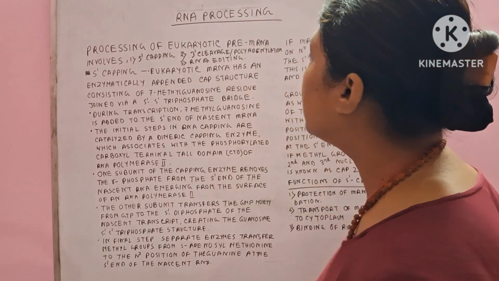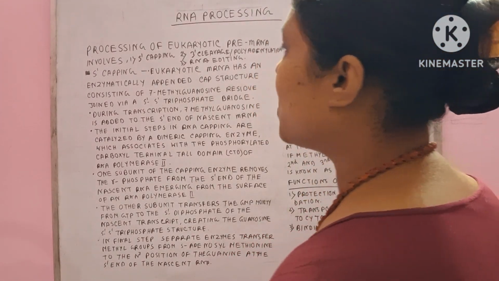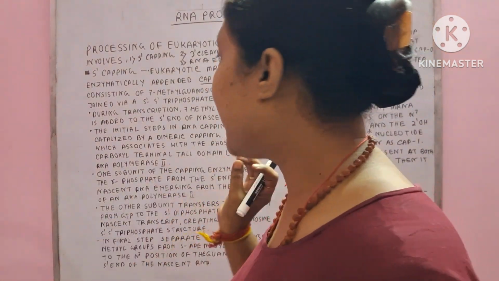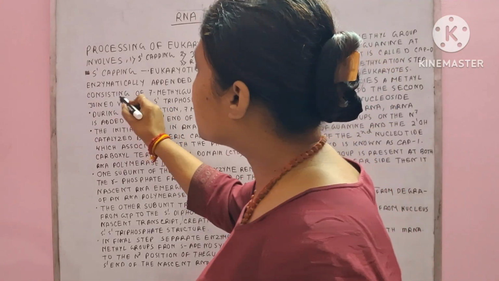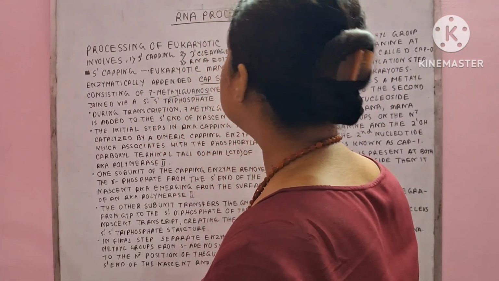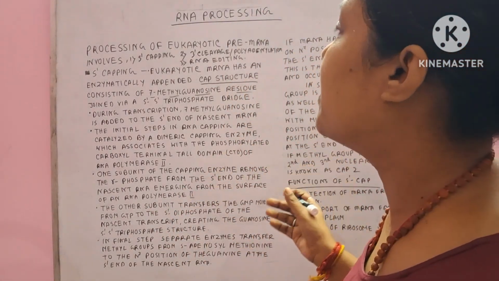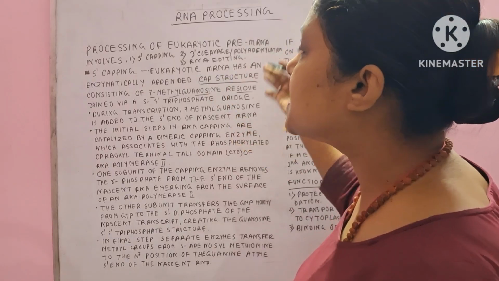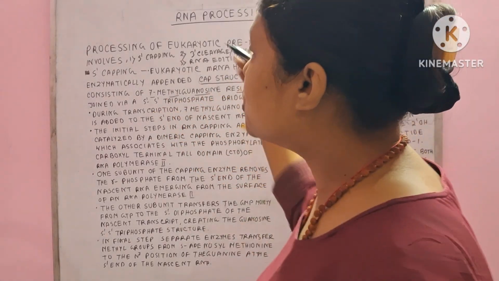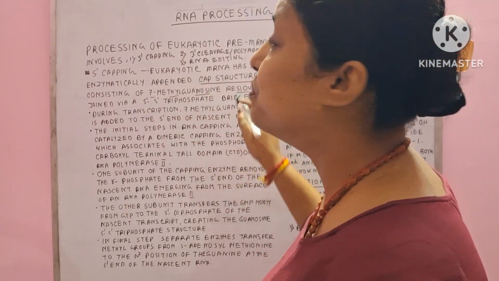In eukaryotes, mRNA has an enzymatically appended cap-like structure. In the eukaryotic mRNA, that cap-like structure consists of a 7-methylguanosine residue, and that is joined via a 5' triphosphate bridge.